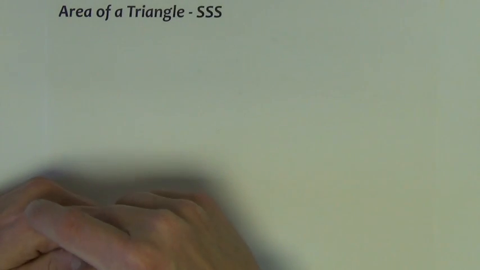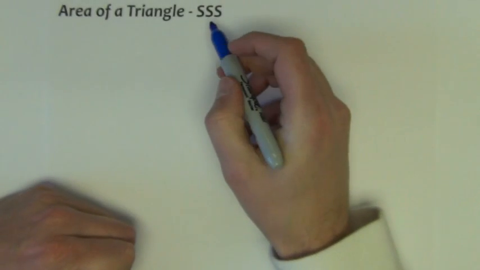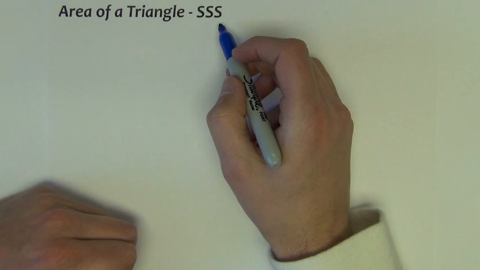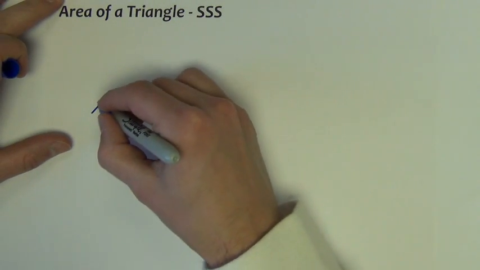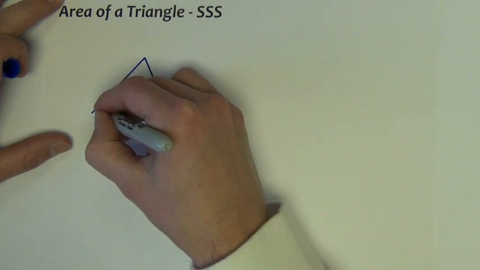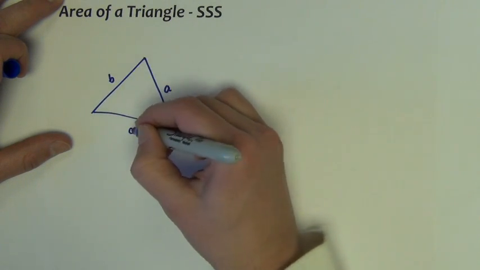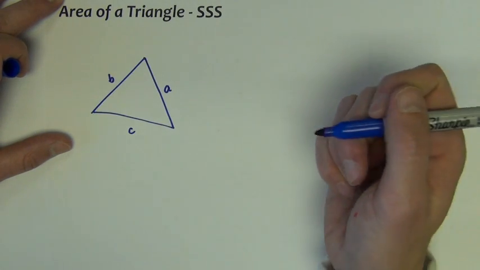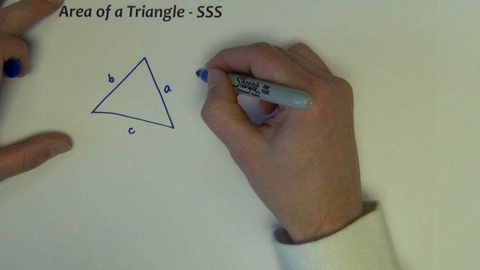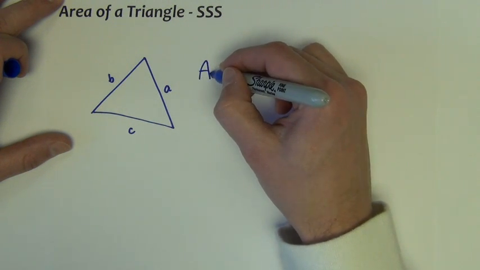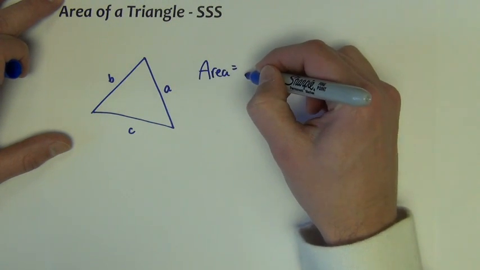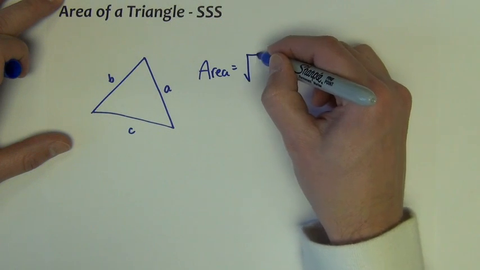The other triangle area formula that we have is one in which we're given side side side. If we know all three sides of a triangle, so say we know this is side A, we know side B, we know side C, we know all three sides. The area of this triangle is found this way.